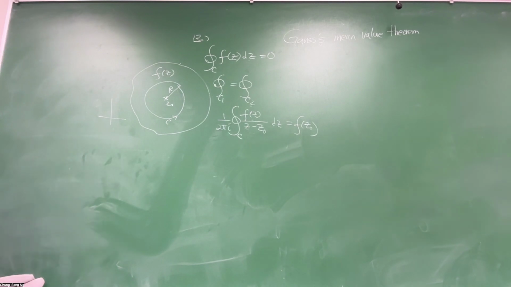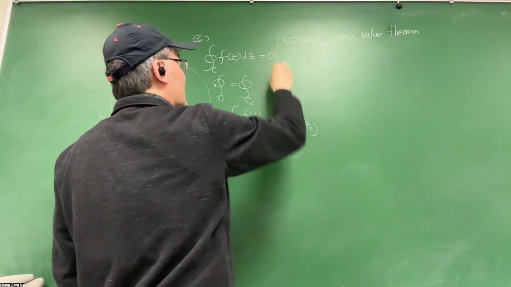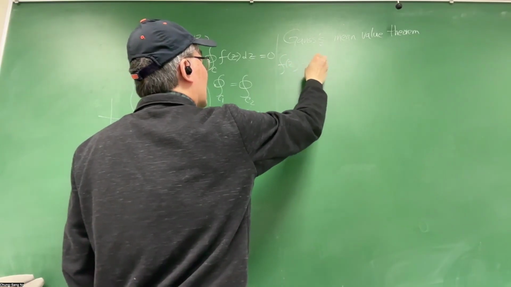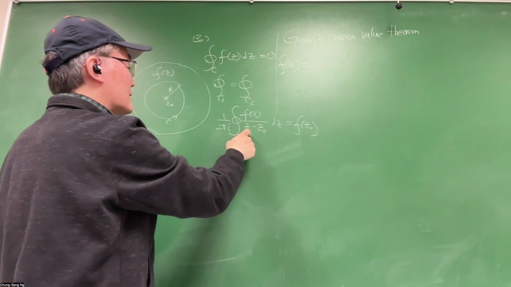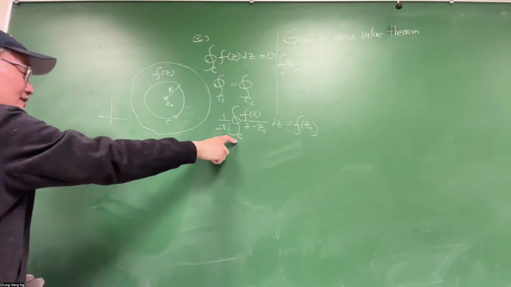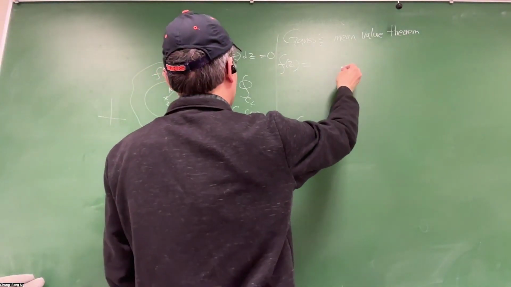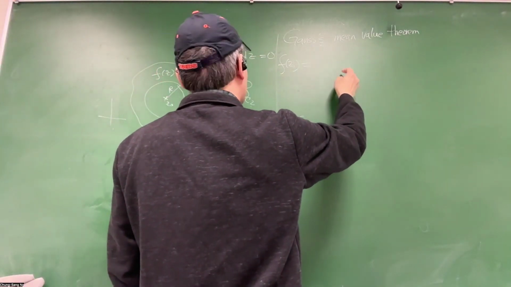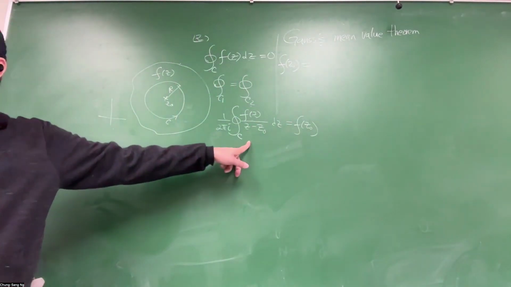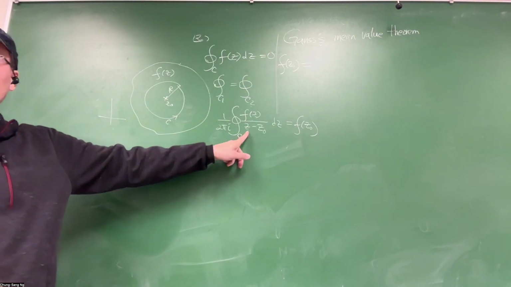Now, we just apply this Cauchy integral formula at this z sub 0. Just apply that. Now, because we specify this path C as a circle, you know how to write z, right? After you specify a circle, what is the expression of z?